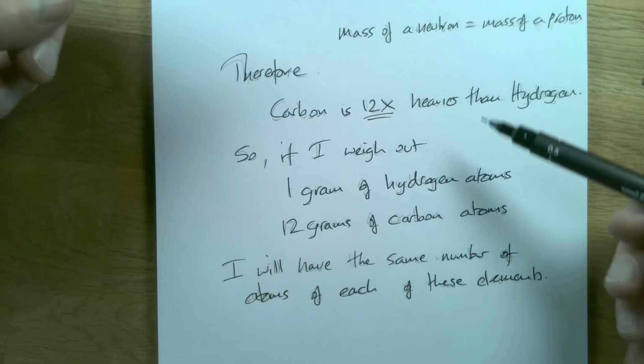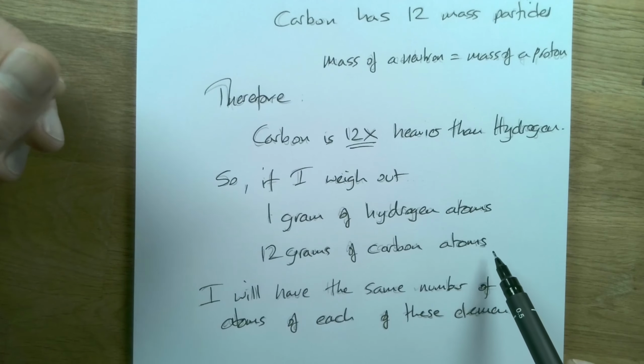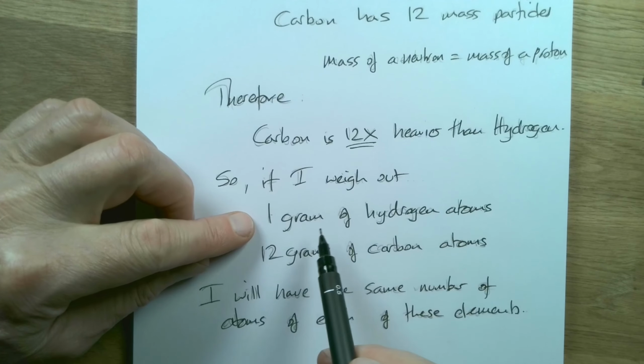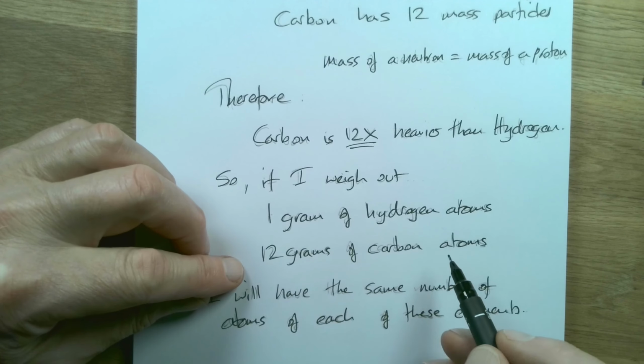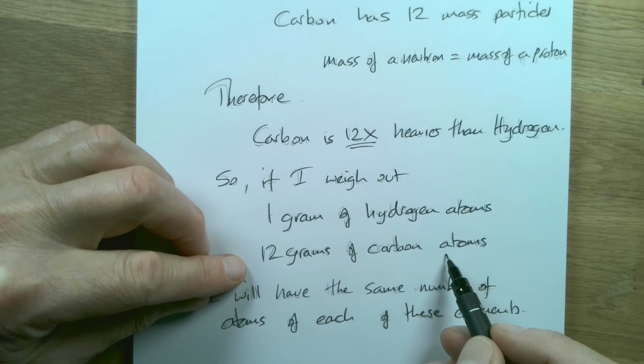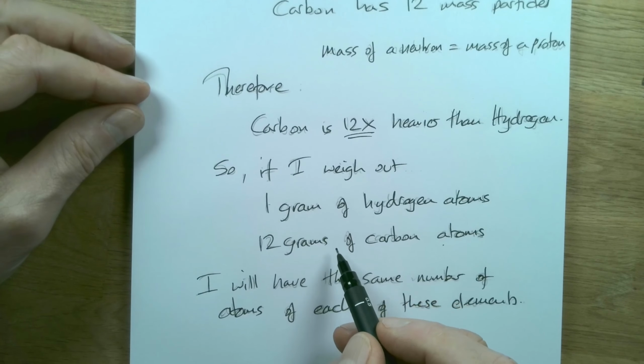Okay, now let's forget all the details, because hydrogen I only get as H2, carbon I can get as pure carbon, but 1 gram of H2 will still have the same number of hydrogen atoms as 12 grams of carbon atoms.